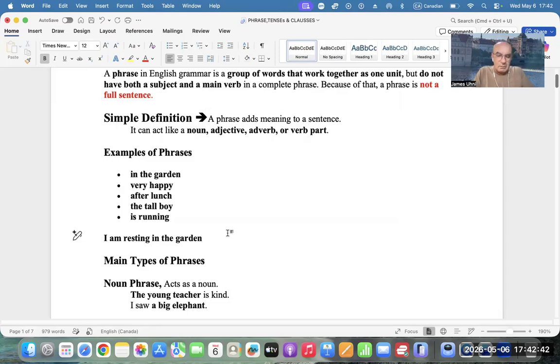So, full stop. I, subject, am, helping verb be, resting, verb 1, if you want it that way, in present continuous tense, in, preposition of place, the garden. Here is in the garden. So what I will do, I will make this part very simple and let the phrase only stand up so you would see the example.